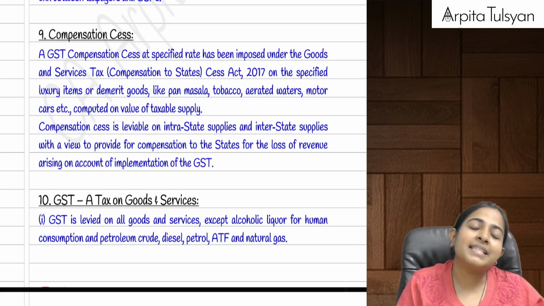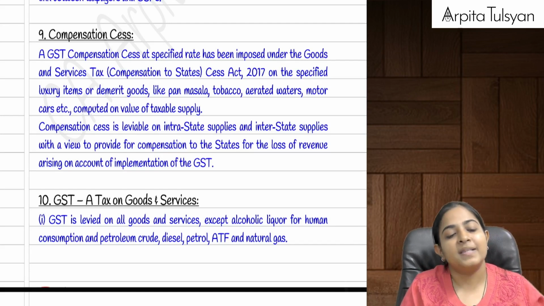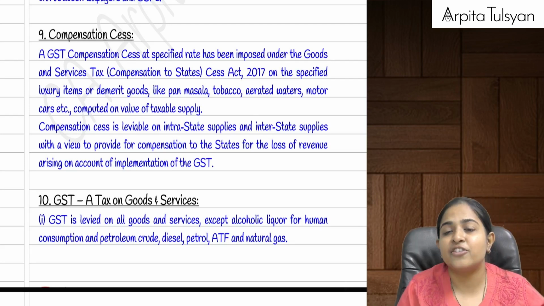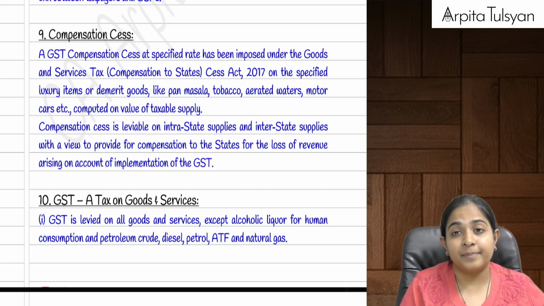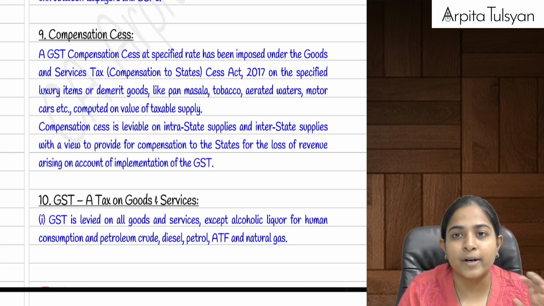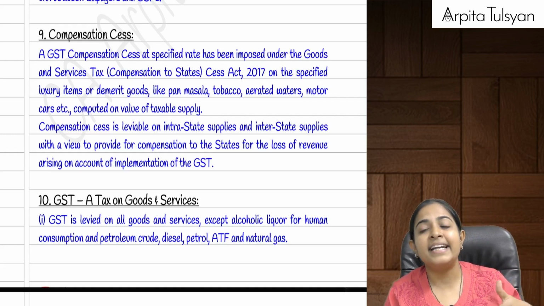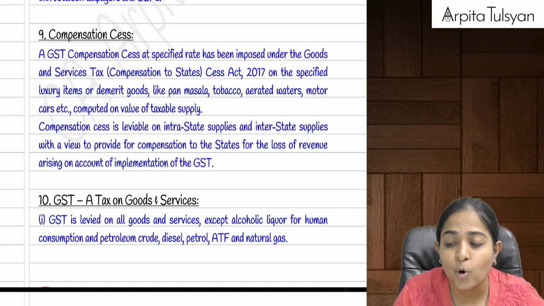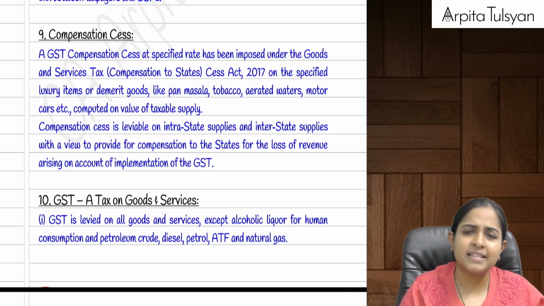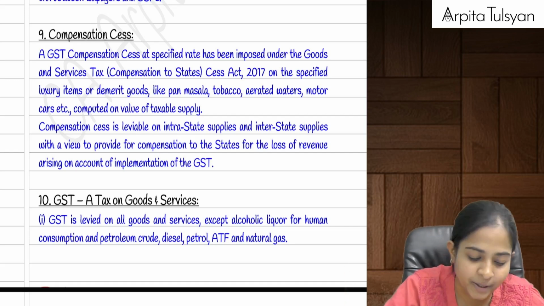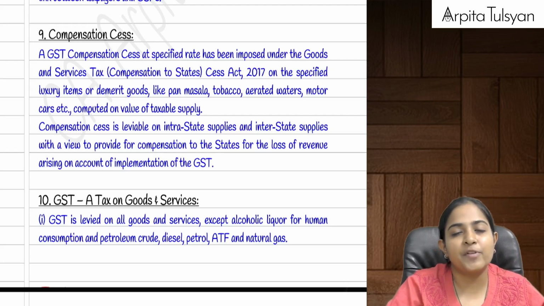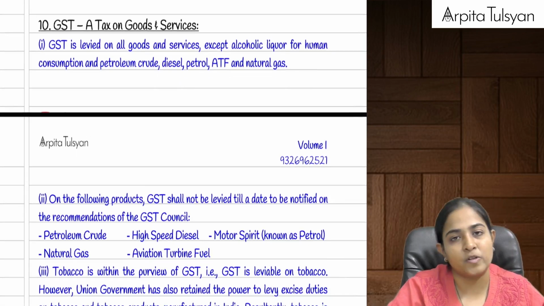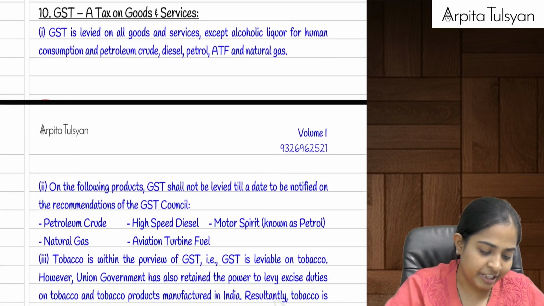To compensate the states, they have come up with a cess called compensation cess, which will be levied on some such products whose sales India doesn't want to promote, for example pan masala, tobacco, and all those things. On such luxury products or sin products, the compensation cess will be levied and the revenue will belong to the states because they have suffered some losses because of the introduction of GST.